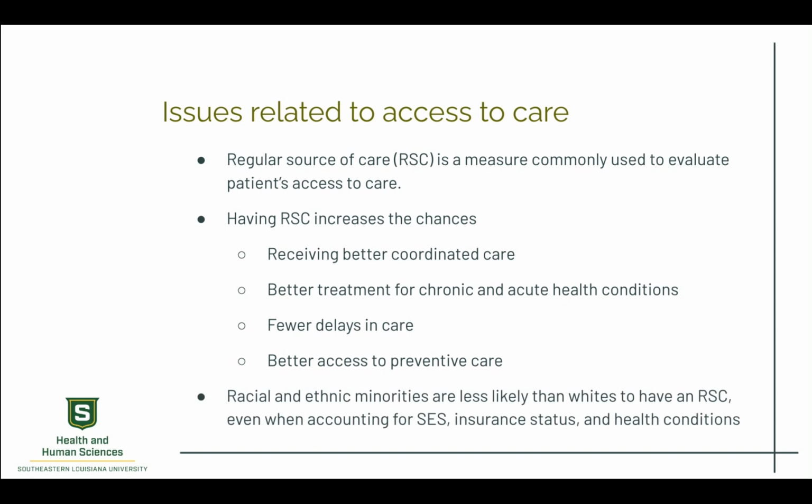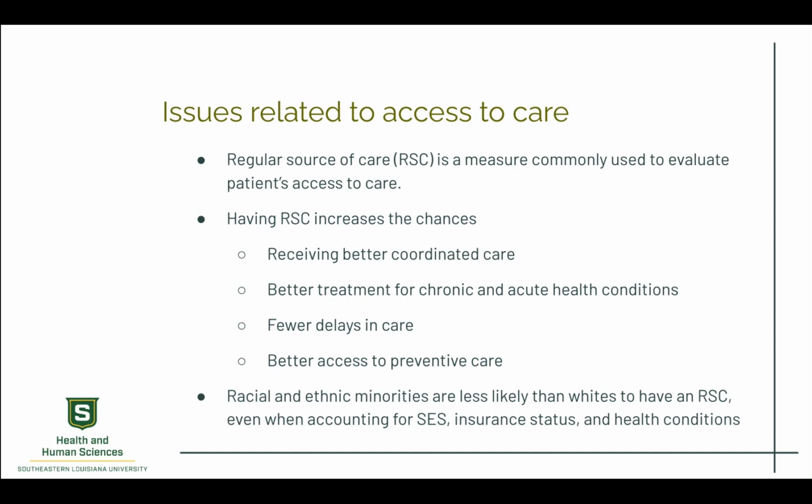Unfortunately, regular source of care is quite influenced by social determinants of health, whereby you have racial and ethnic minorities being less likely than whites to have a regular source of care. And this is even when you have accounted for their socioeconomic status, their health insurance and their medical conditions.